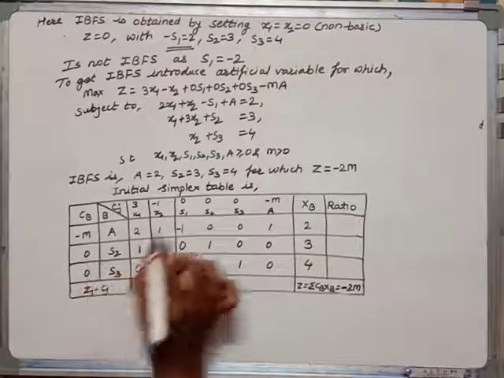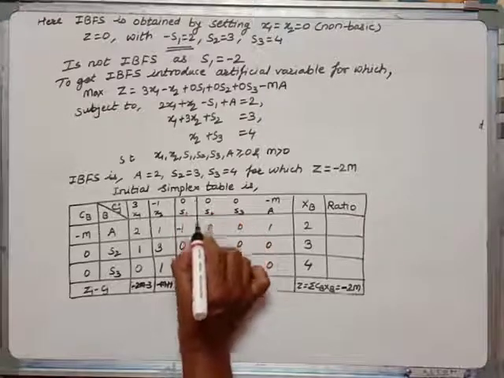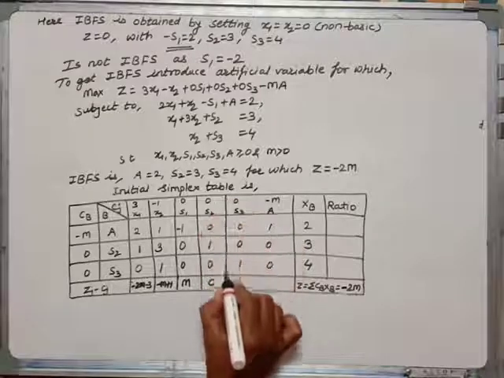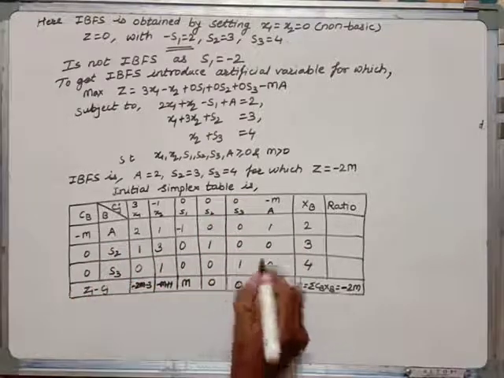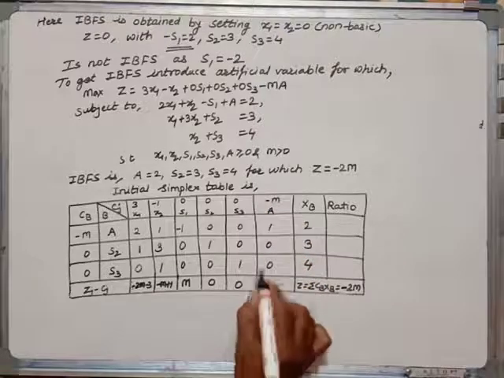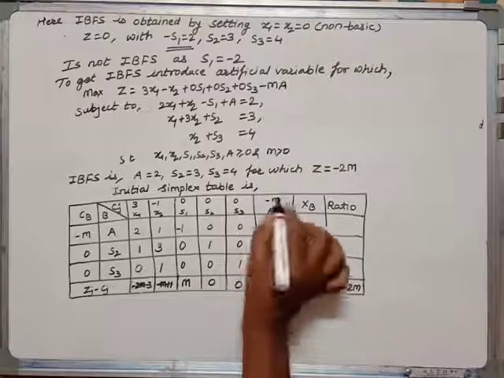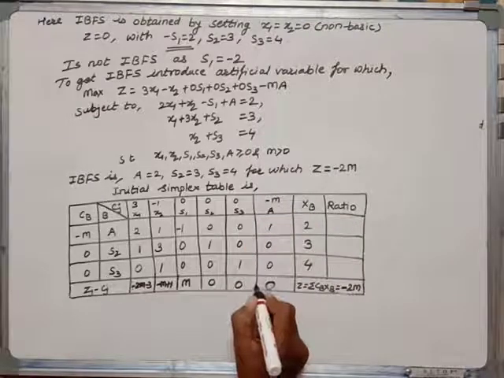These are 0, minus 0. So this is m. Now next one is 0. You can check now. Again next one is 0. And this last one, this is minus m. Other are 0. And this minus minus becomes plus. So this is again 0.